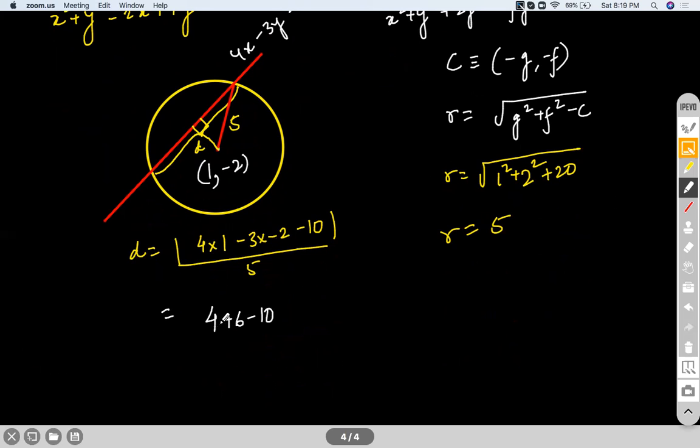That means the line is passing through the center only. So your intercept will be twice the radius. This is going to be your answer. Googly questions. Okay, yes sir. Next.